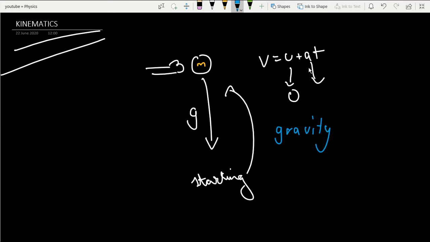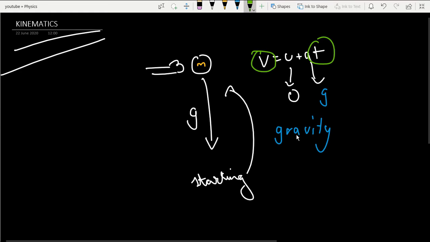So instead of a, we're going to take g, and the final velocity and t remain the same. So the equation becomes v, that means final velocity, is equal to gt. Simple.